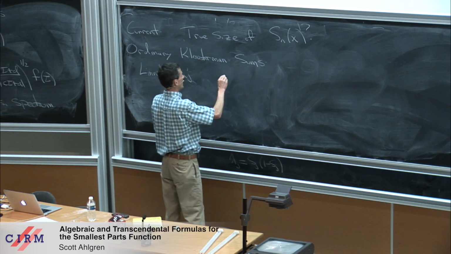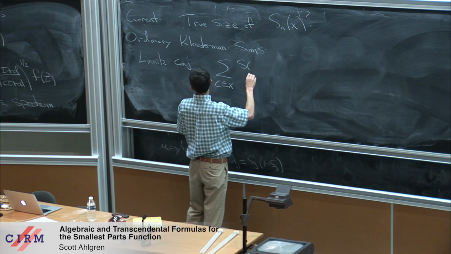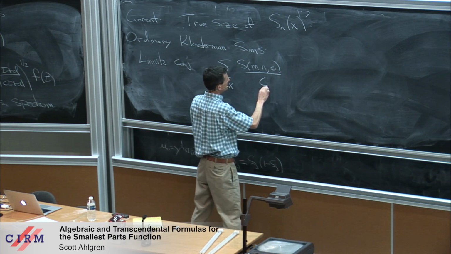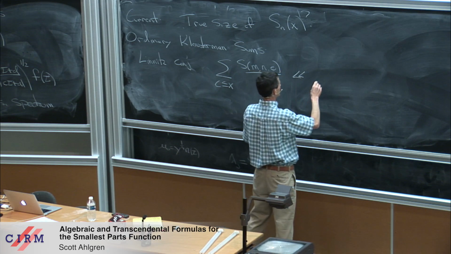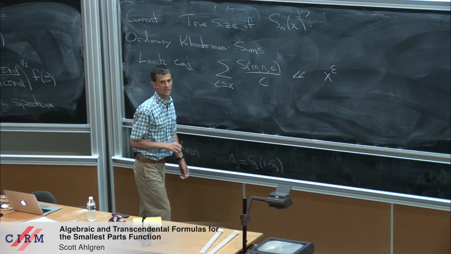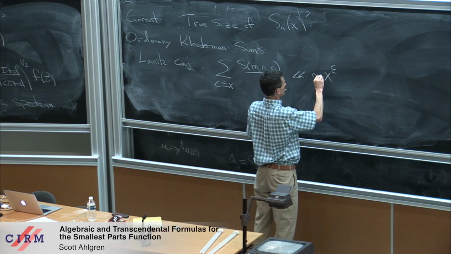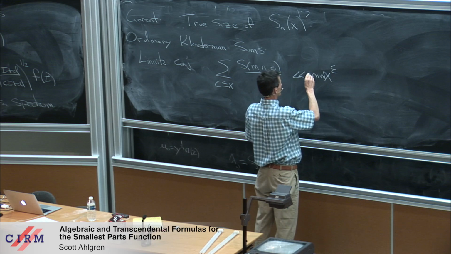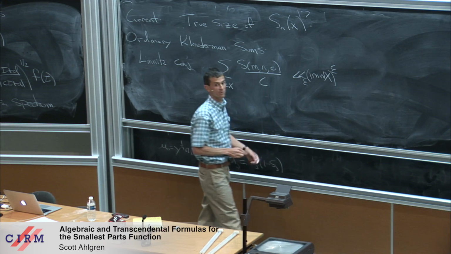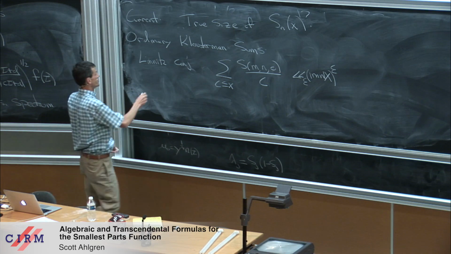This says that the sum over c up to x of S(m,n,c) divided by c is less than x to the epsilon, I think in the original conjecture. There's a paper by Sarnak and Zimmerman where they give a convincing argument that this needs to be given what they call a safety valve in m and n. So this is likely the truth for the ordinary Kloosterman sums. So this is a conjecture.